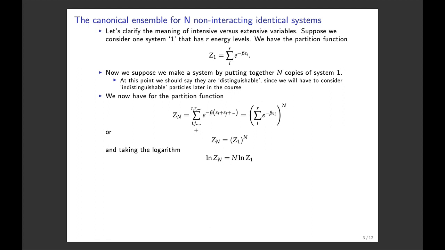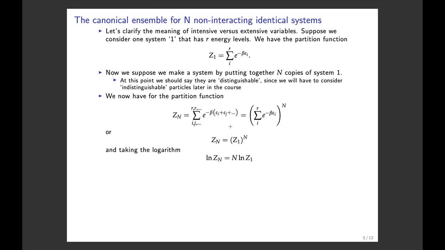Well, it's pretty easy to write down the partition function for the system of N copies. We could start this way and write it down by noting that every energy level of every constituent has an exponential term. So we'd have this big sum where we have to sum over each copy. So sum over i, j, and down here we would have N of these summation variables, and each one would go to r because they're identical, and we would have the energies, because the energies add, because they're not interacting.